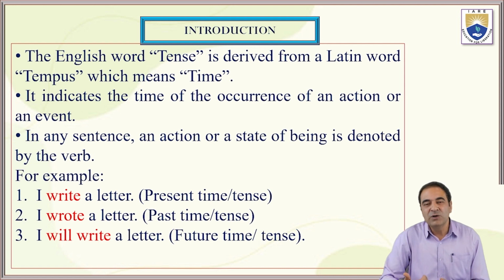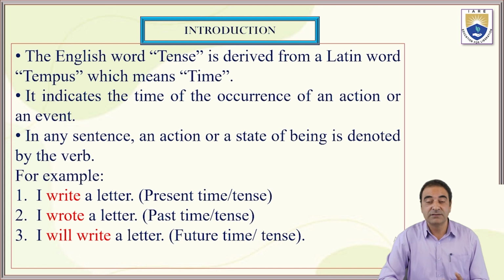Now, to understand tenses, you need to understand the very importance of the verb, because actually it is the verb that shows the time of an action. That's why we say that the verb is the most important word in a sentence.